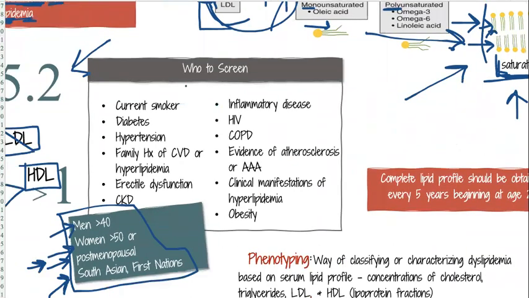Again, anybody who is a smoker, has diabetes or hypertension are high risk. So we're going to screen them, whether or not they're at these high risk ages. Again, a family history of vascular disease or hyperlipidemia, CKD, erectile dysfunction, inflammatory disease.